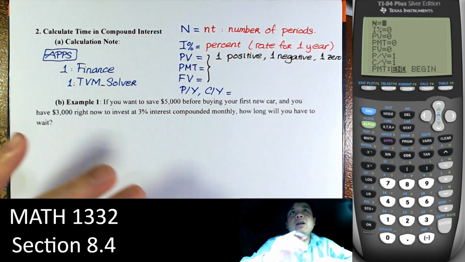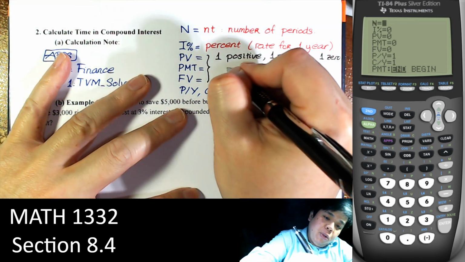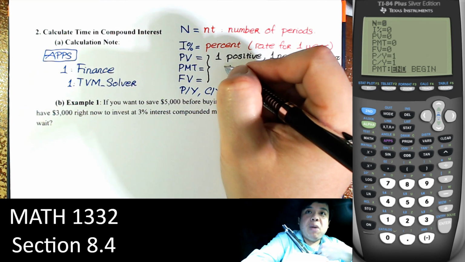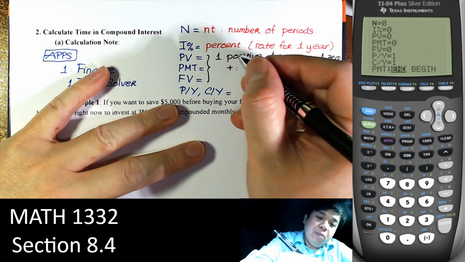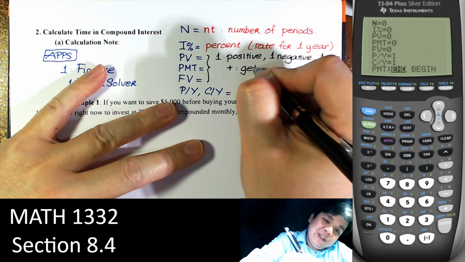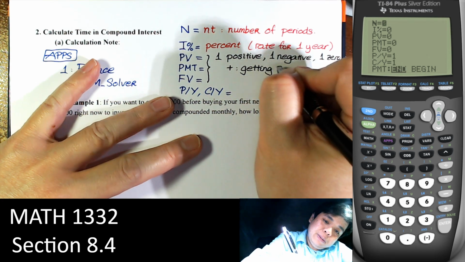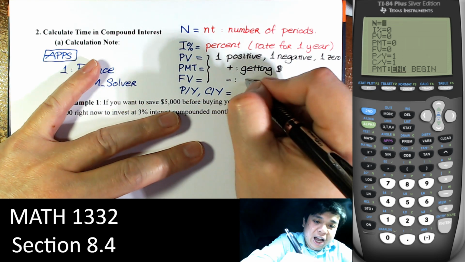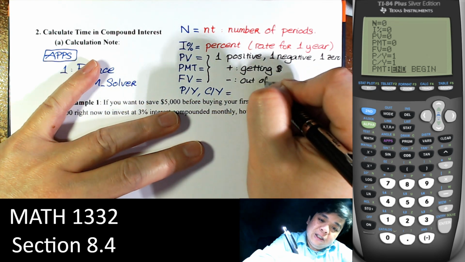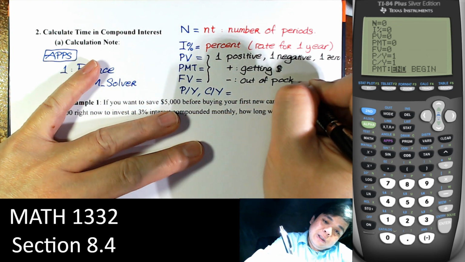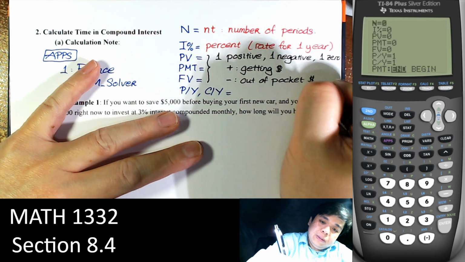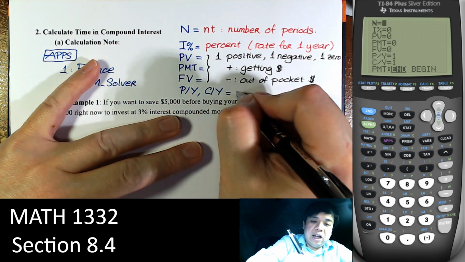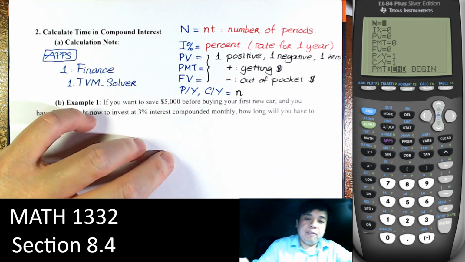Right? And then positive is, from our perspective, receiving the money, and negative is giving away, so out of the pocket. And the last one is just n, how many times this is compounded in a year.